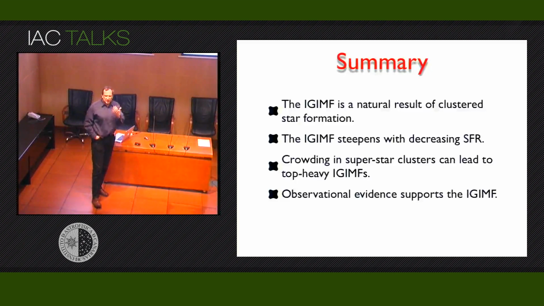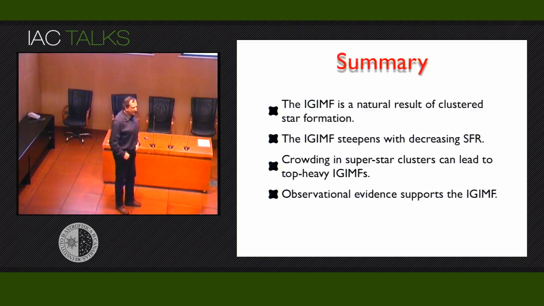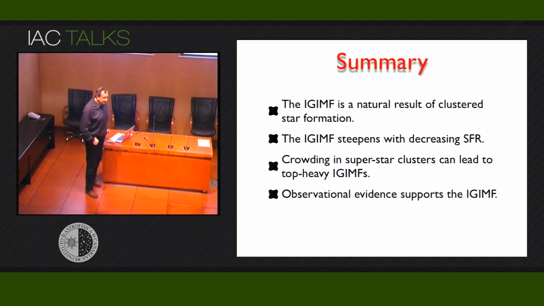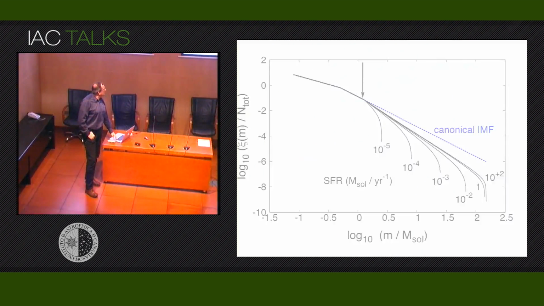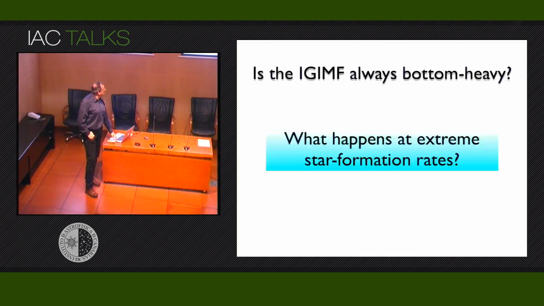But this is a present-day mass function. We haven't really studied the shape and evolution of the present-day mass function in this model. This is something we want to look at, so I cannot really answer that yet.